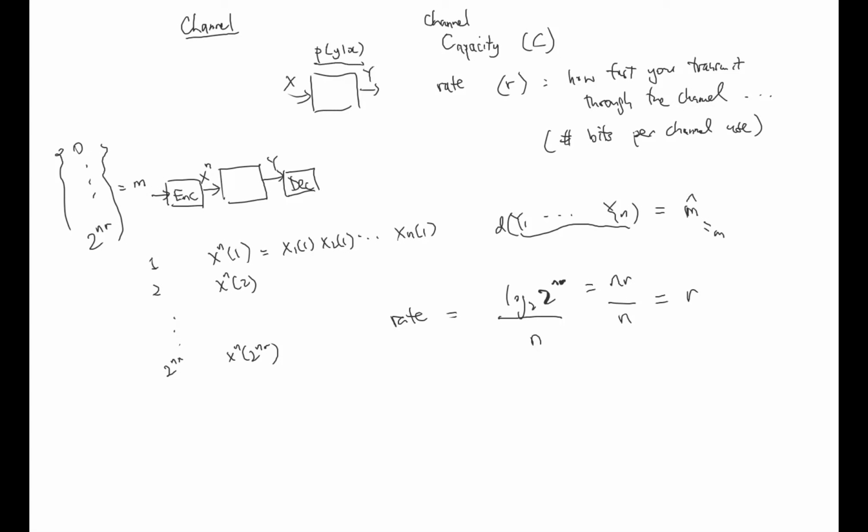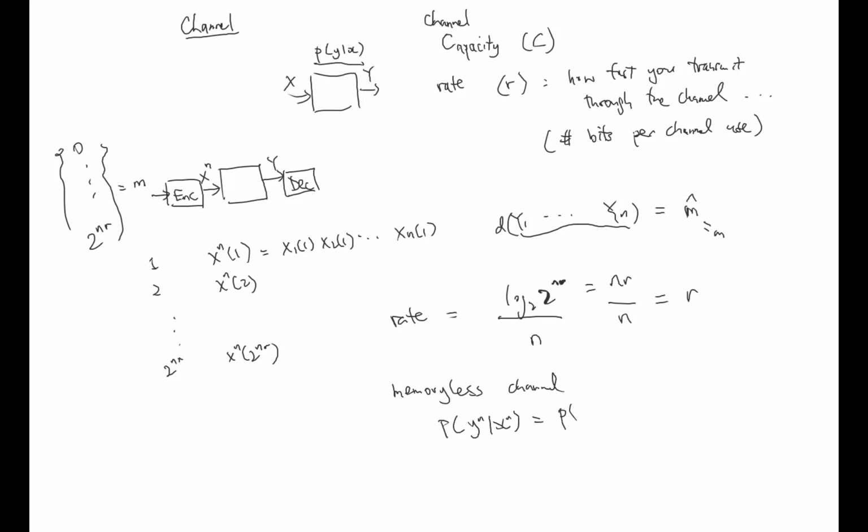And also we'll assume the channel is memoryless. You often hear people say memoryless channel. Memoryless in the sense that, if I have P of the sequence y^n given x^n, in general I can use the chain rule.